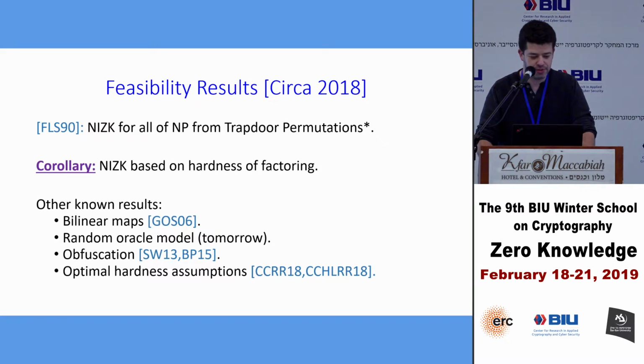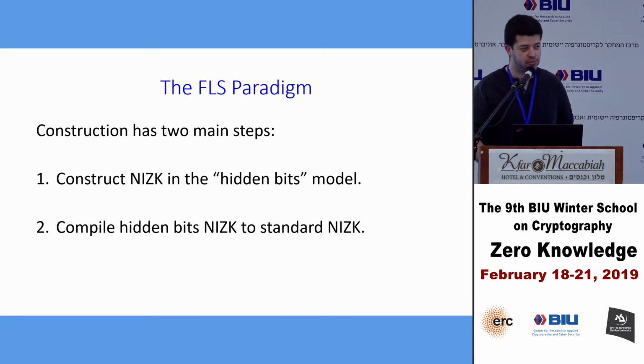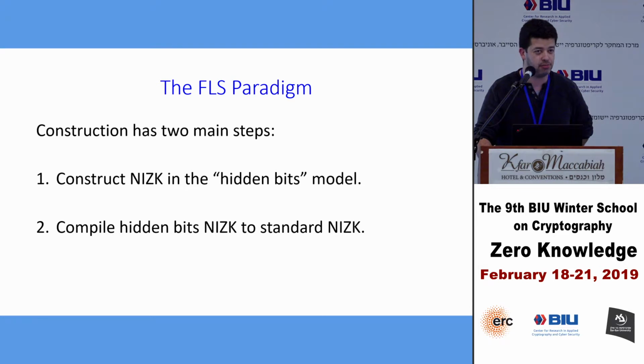Great. So let's go back to 2018, and the result that I want to show you today is a construction of NIZK for all of NP based on hardness of factoring or based on trapdoor permutations. Okay, so that's what we're going to focus on for the rest of this talk. The construction, this result by FLS, has two main steps. The first step is to construct an NIZK in something called the hidden bits model, which I'm going to define in the next slide.